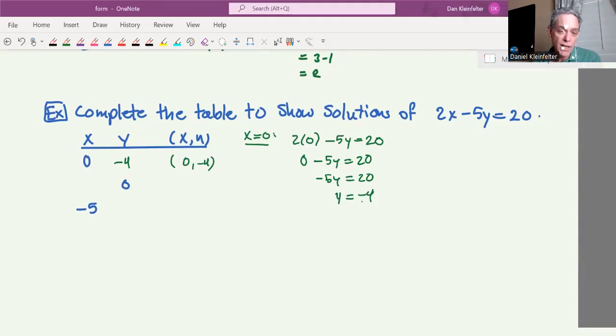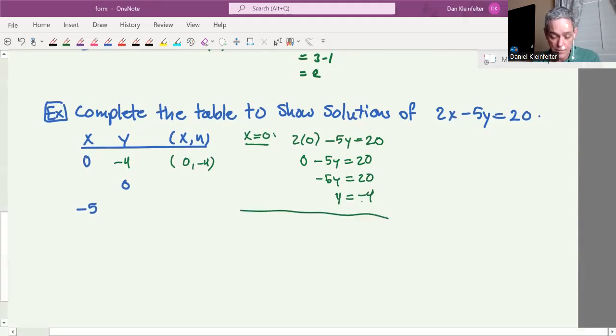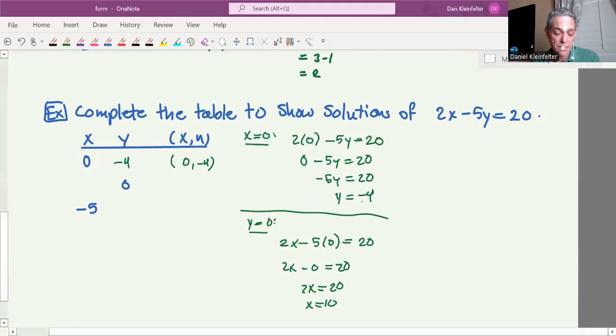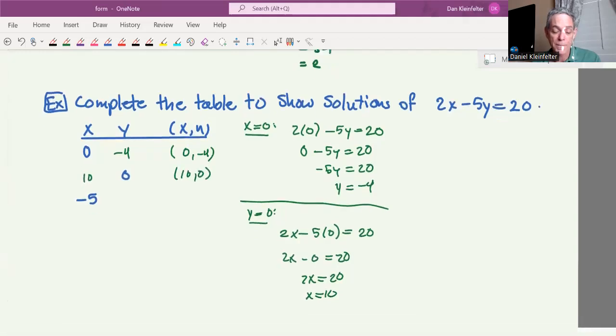In the next one, we're given that y is 0. So if y is 0, we'll have 2 times x minus 5 times 0 equals 20. 2x minus 0 is 20. 2x is 20. And so x is 10. When y is 0, x is 10. And so our pair is 10, 0.